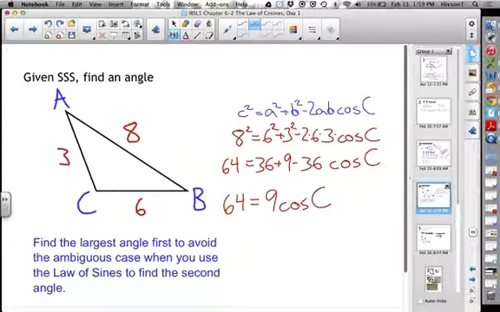How did you get that? How many of you got that? 9 cosine C. Because you have to subtract these. Yeah, you have to divide by these. Yeah. Number one mistake, okay?